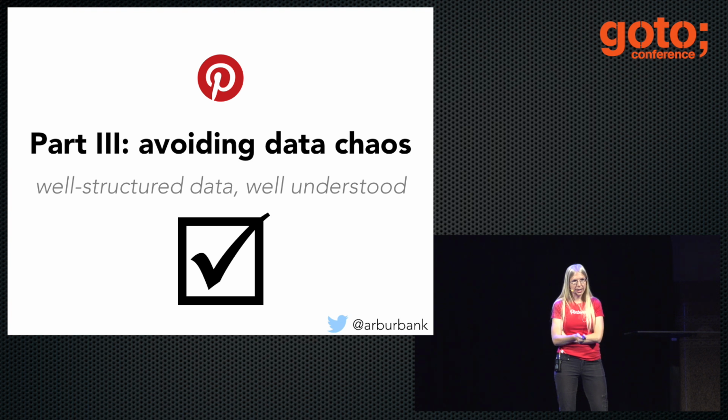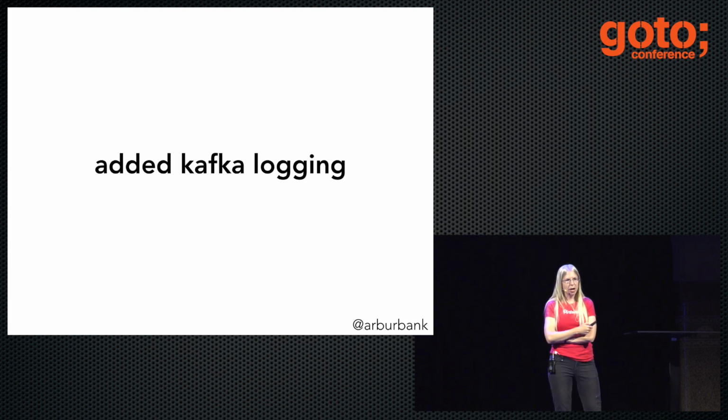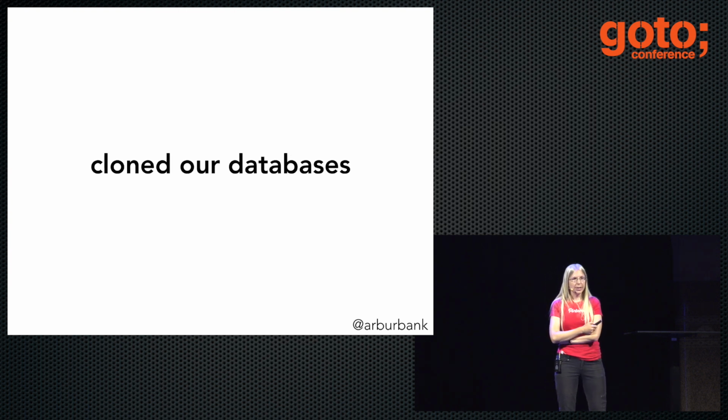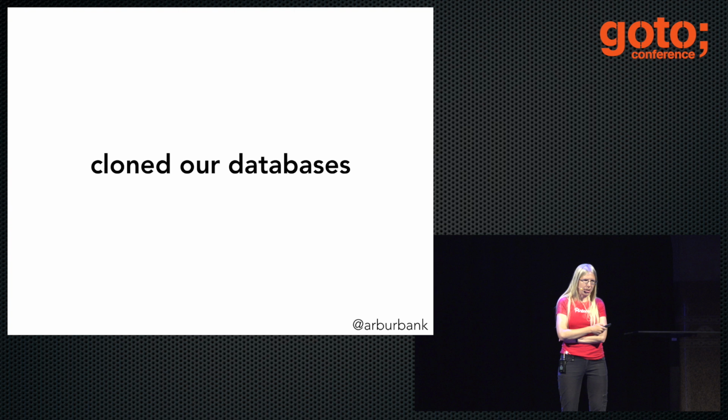OK, I'm going to pause for a second here. What have we talked about so far? We added Kafka logging. Now we have a log of all the requests coming in. We have a clue what's going on. We cloned our databases so that we could do analysis offline of the pins and the users that we're serving in real time, but without adding extra QPS to those databases that will bring our service down.